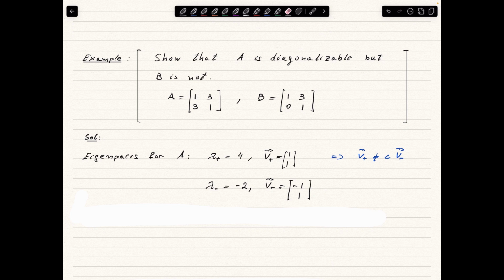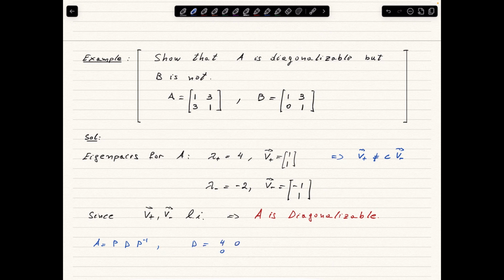So that means the vectors are linearly independent, matrix A is diagonalizable, and we have written what the matrices are. Matrix A can be written as P D P inverse, and we already know matrix D is, for example, 4, 0, 0, negative 2, and for example, matrix P is, of course, 1, 1, negative 1, 1.